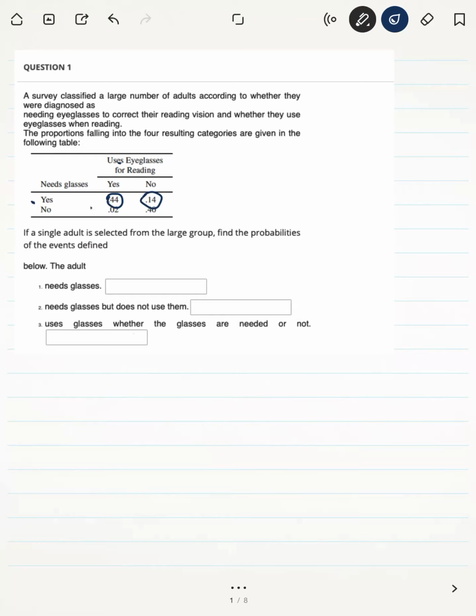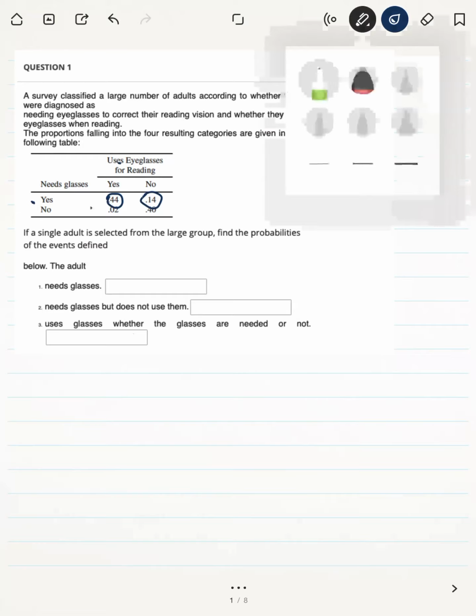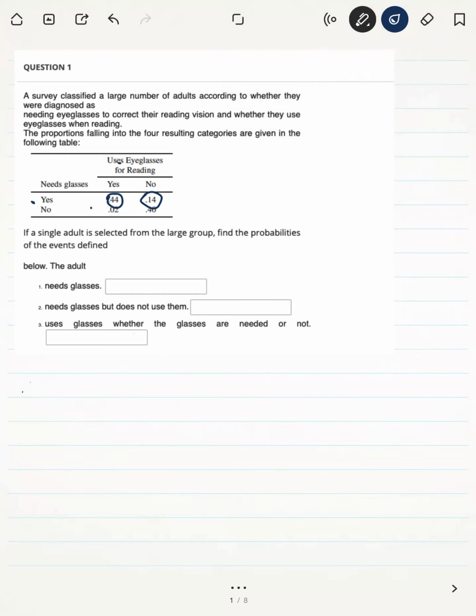Okay, so for example, this 0.44 is just the probability of the intersection between yes for needing glasses, so needs glasses, and yes for using the glasses for reading, so uses glasses for reading.